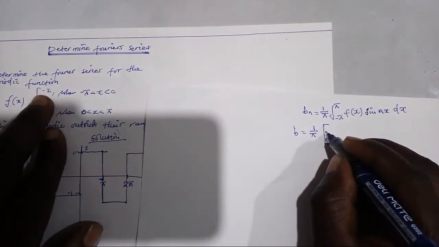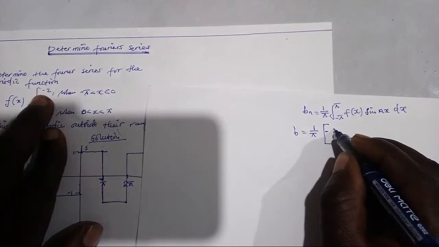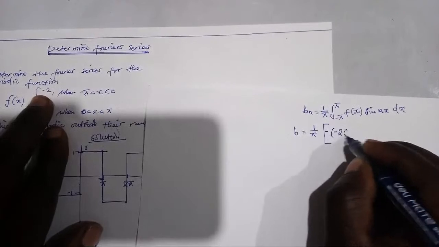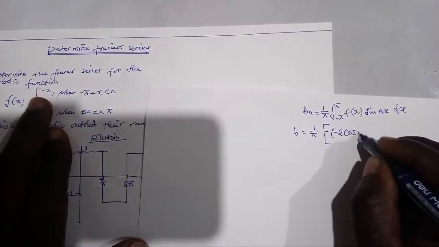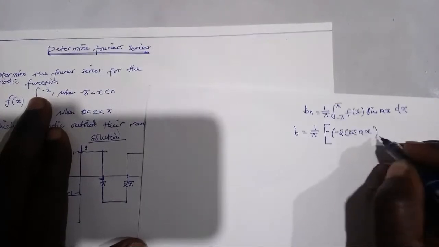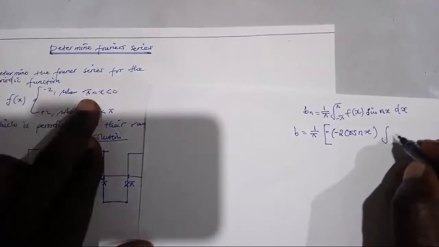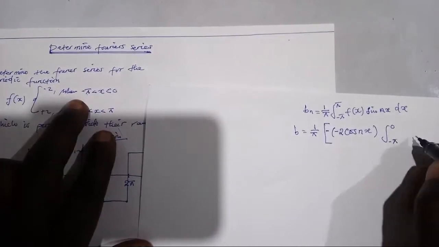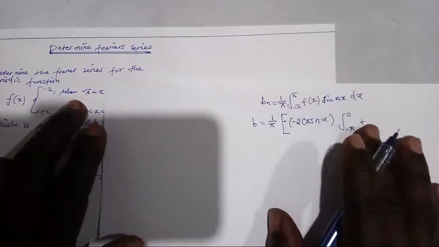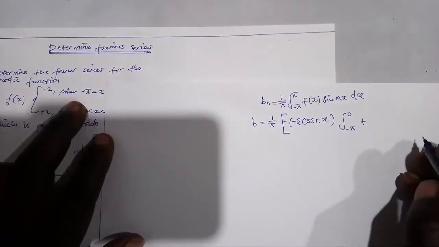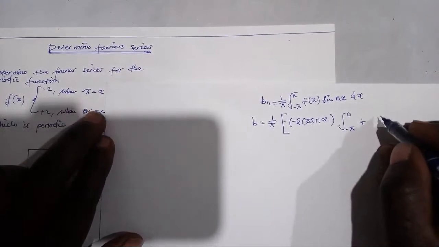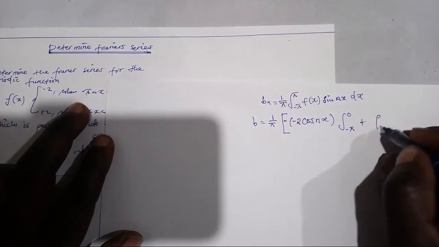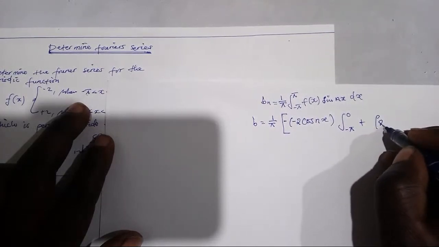So you're going to have minus 2 cos nx, then close bracket, then you follow the range, where the upper limit is 0 and the lower limit is minus pi, then plus open bracket 2.